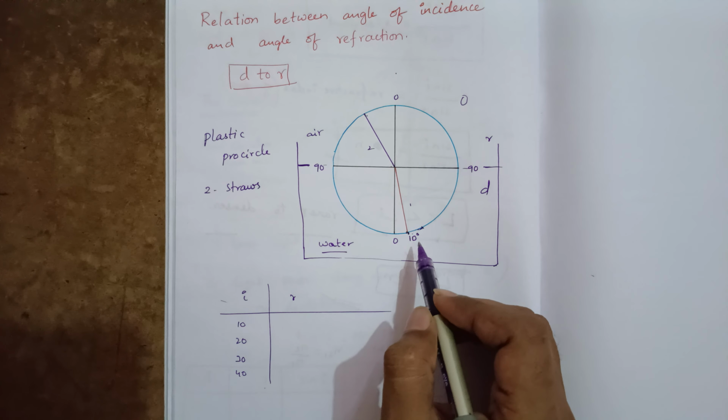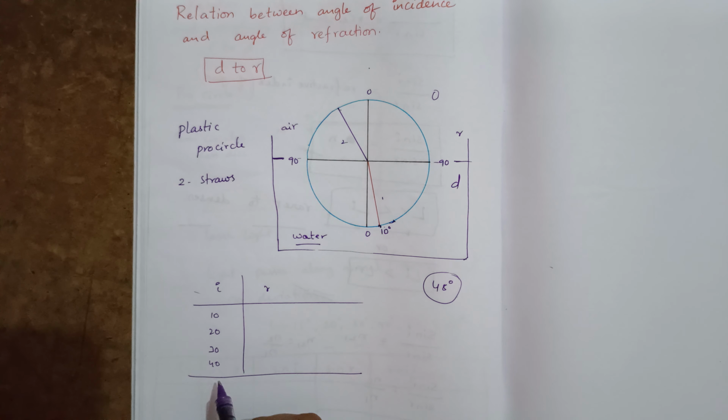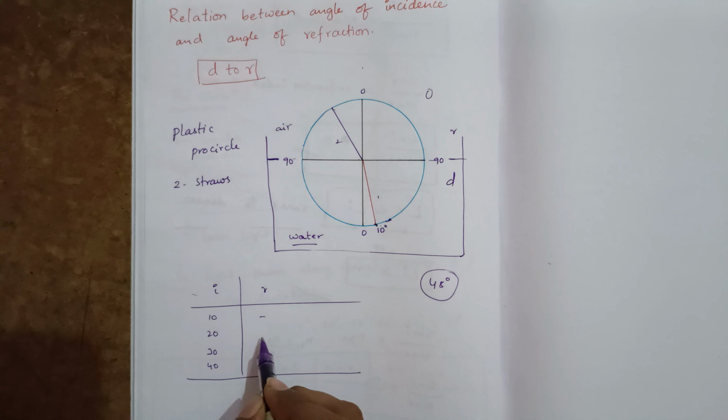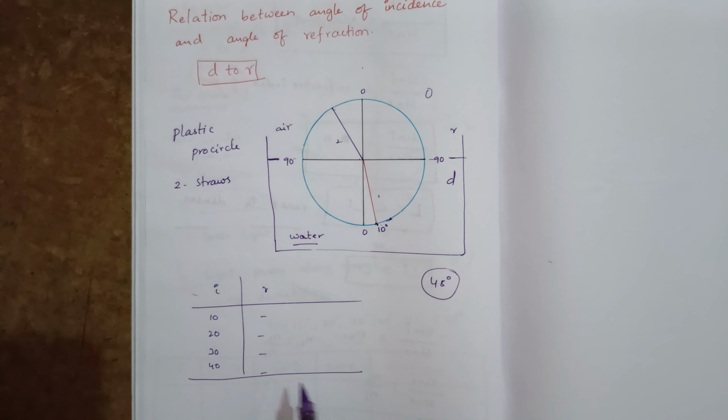So up to 40 we can take. For all these positions, we can find the angle of refraction.